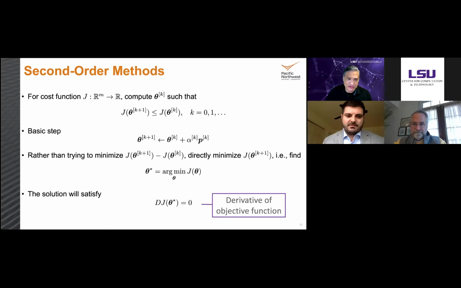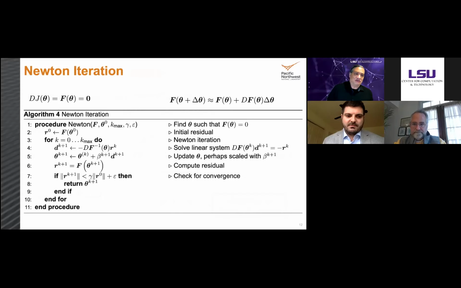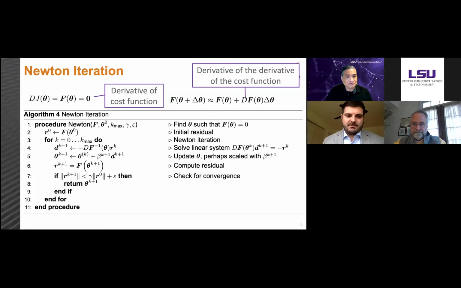And so the derivative is a nonlinear function of n variables and n unknowns. The kind of classic approach to solving problems like that is Newton's method. I'll be writing f as we go through some of the rest of the slides rather than dj, but realize that f is the function we're trying to minimize or drive to 0, and that's actually equal to the derivative of the cost function.